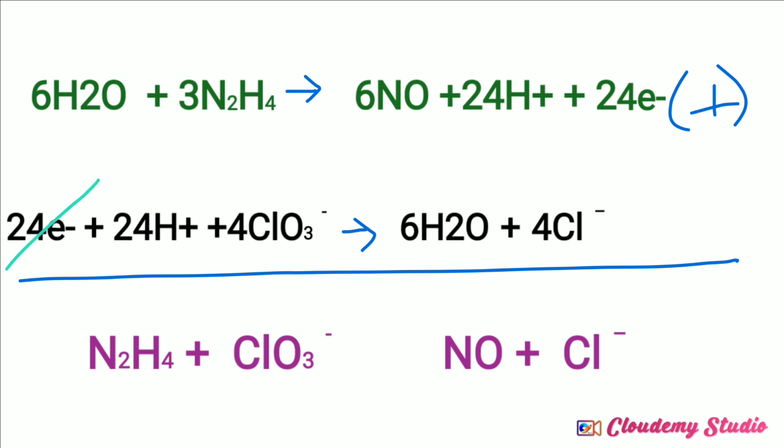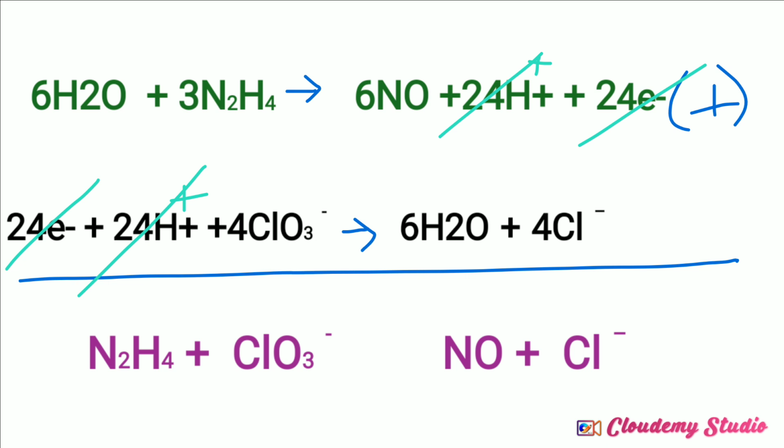Similarly, the 24 hydrogen ions, 24H plus, and 24H plus are cancelled because they are present on opposite sides. Then what about the water?